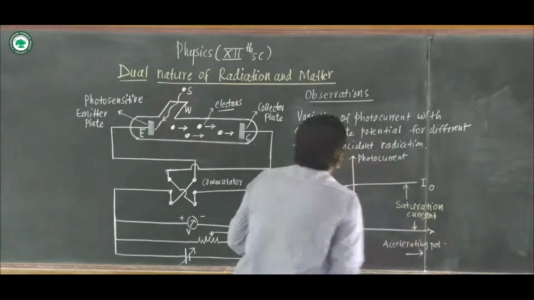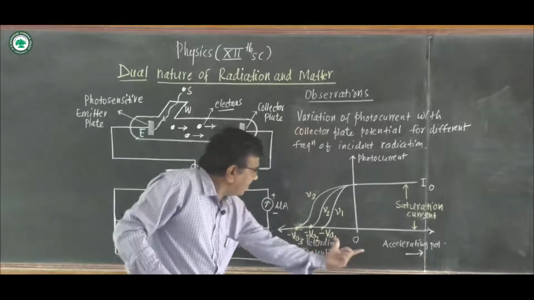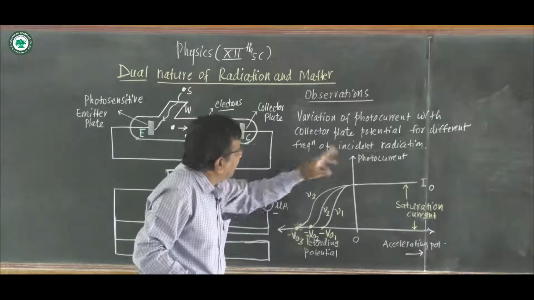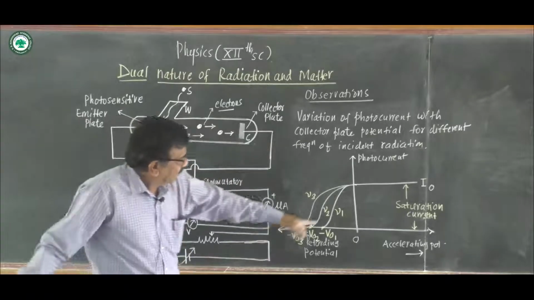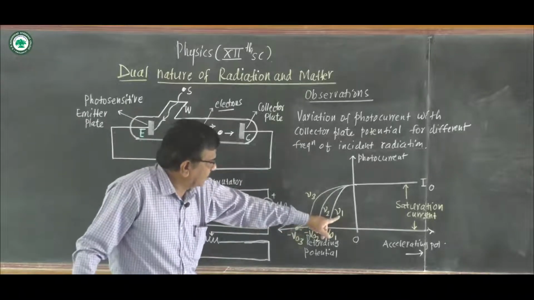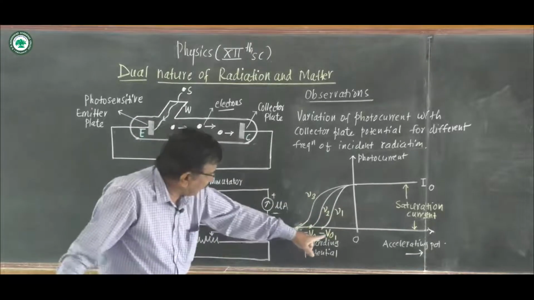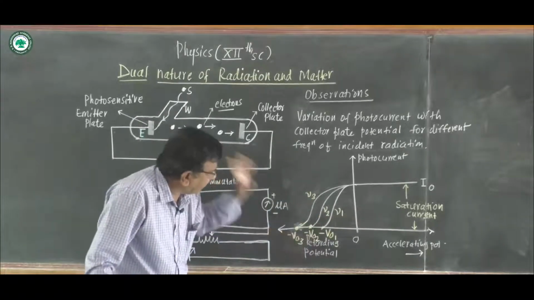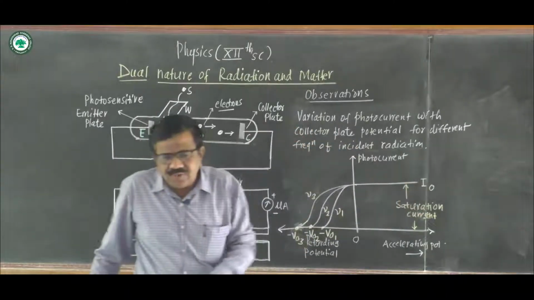See here what we have to study: the variation of photoelectric current with collector plate potential for different frequency of incident radiation. Frequency is different, nu1, nu2, nu3. Stopping potentials are different for the different frequencies, but saturation current I0 is the same.